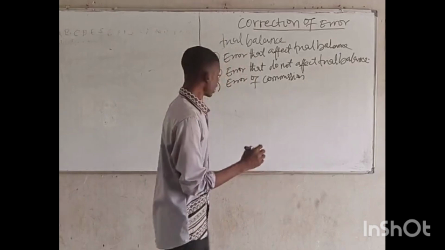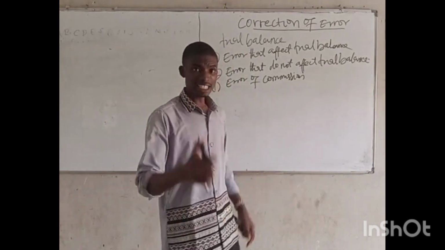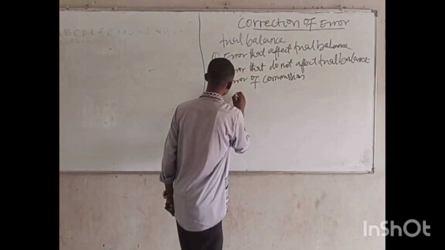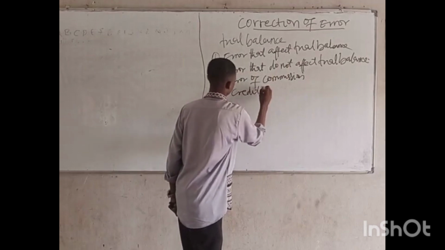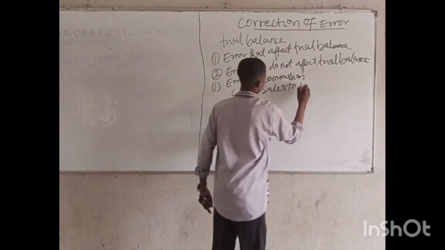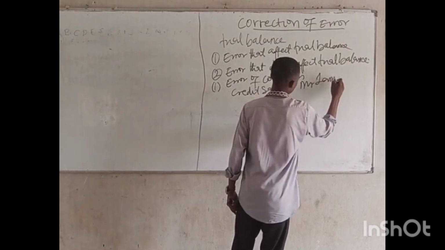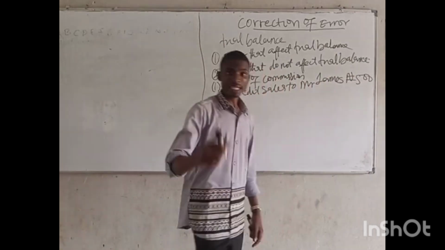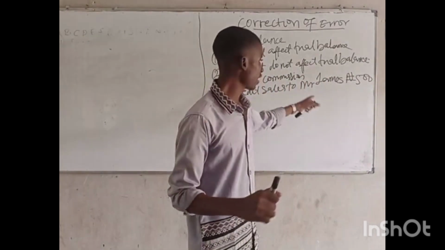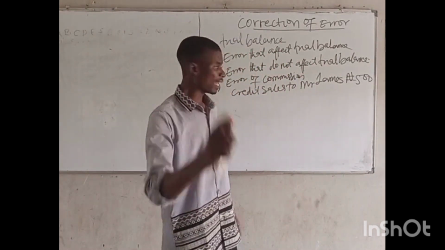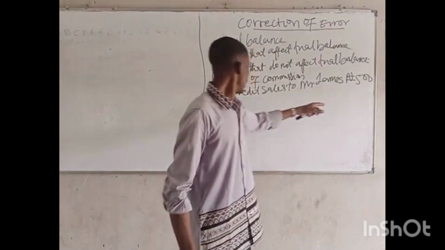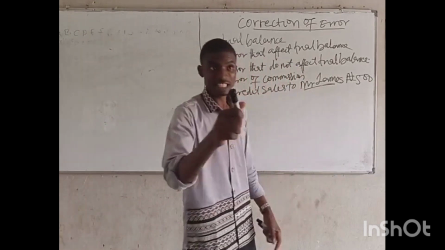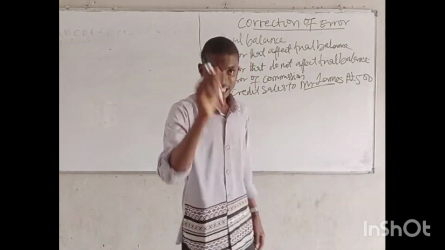For instance, assume we made a credit sale to Mr. James for 500 naira. And of course, you know that the double entry for this transaction is to debit Mr. James' account because he is our debtor, and to credit the sales account.